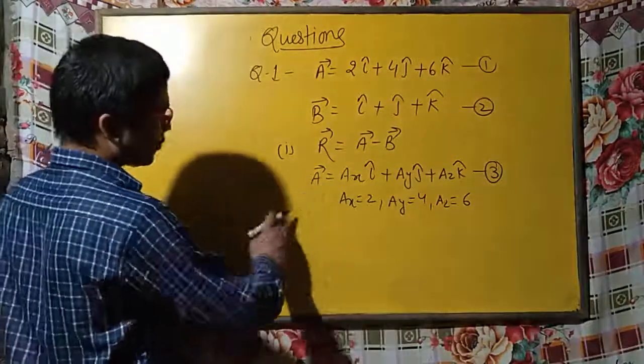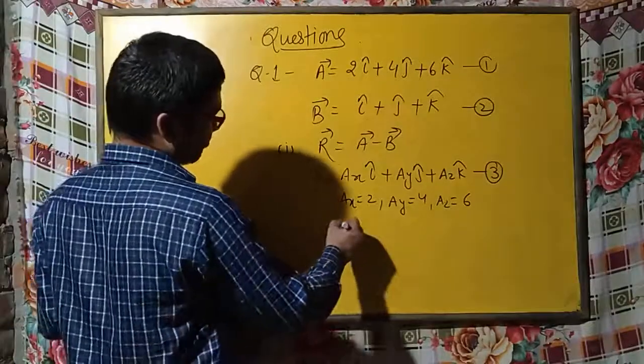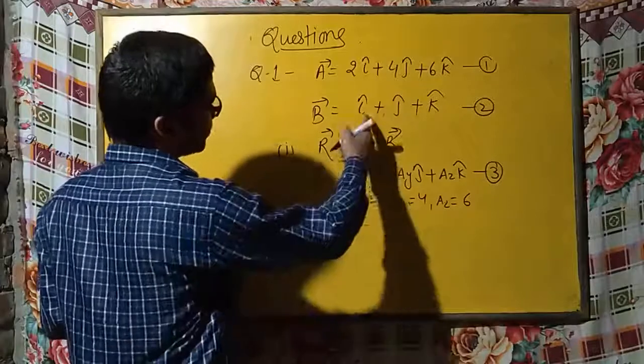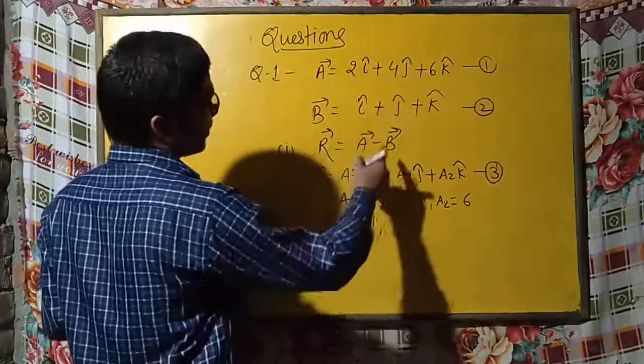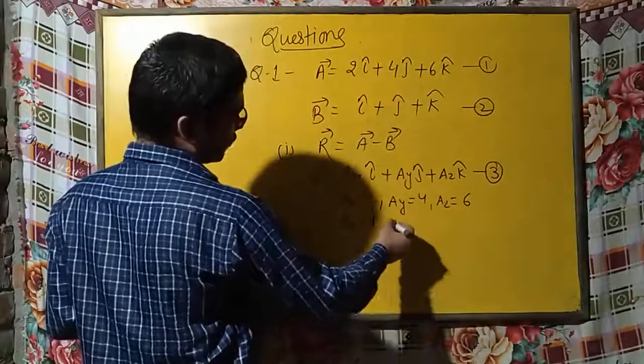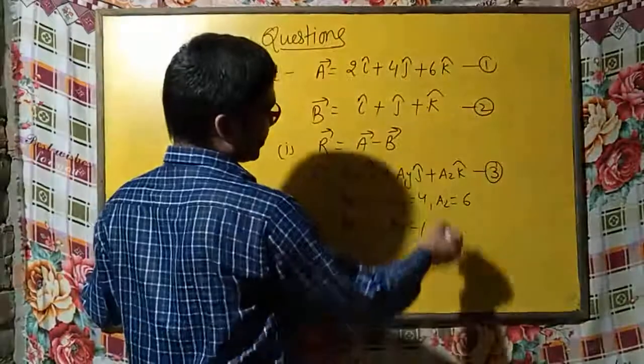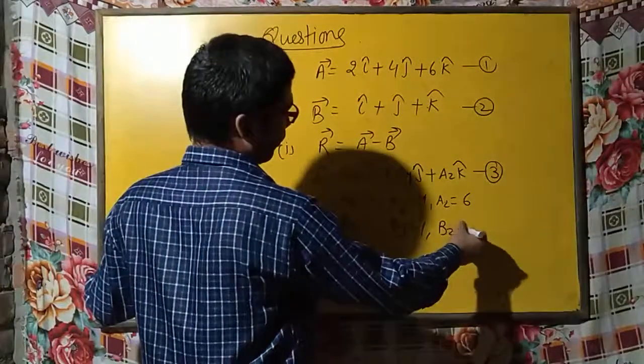Similarly for b, after comparing you can write bx, the coefficient of i, that is 1, then by, that is the coefficient of j, is also 1, and bz, the coefficient of k, also 1.